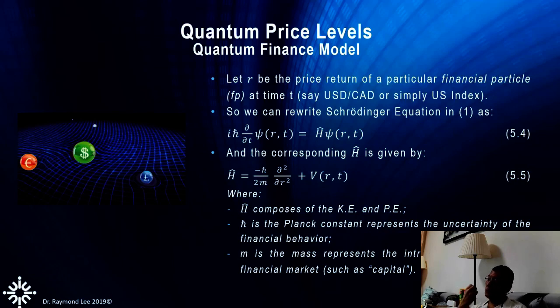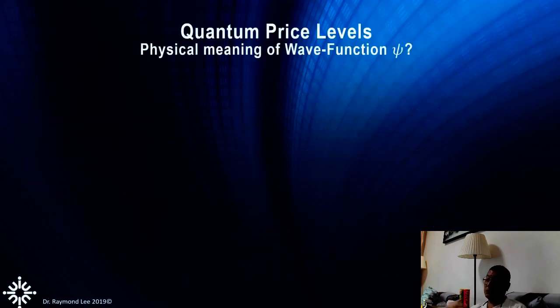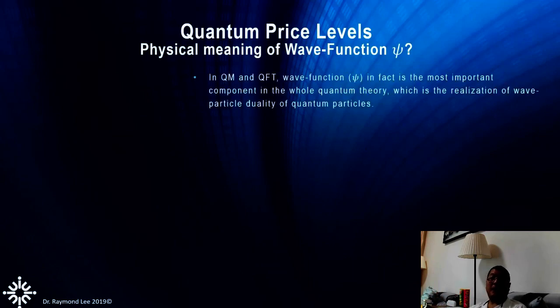So this is what we call the mass for the market. Of course, it's capital. If the mass for a body is mass, the mass for the financial market is the capital amount, right? So it's the capital. Which means the bigger the market, for example the Dow Jones, the bigger the M, the mass.